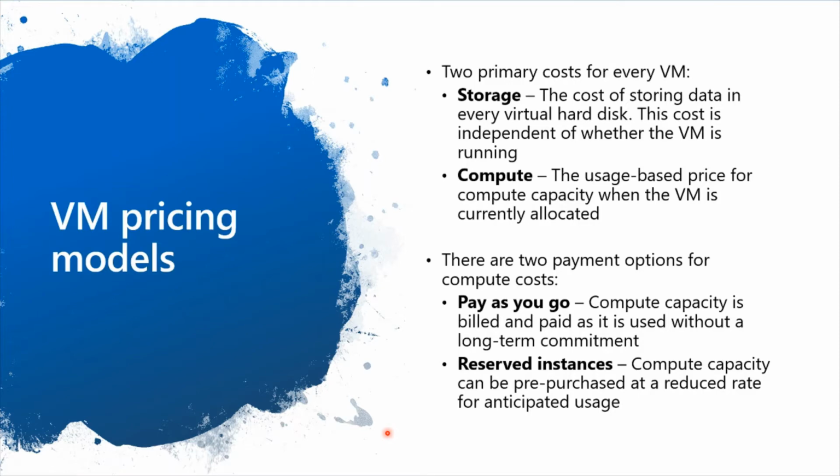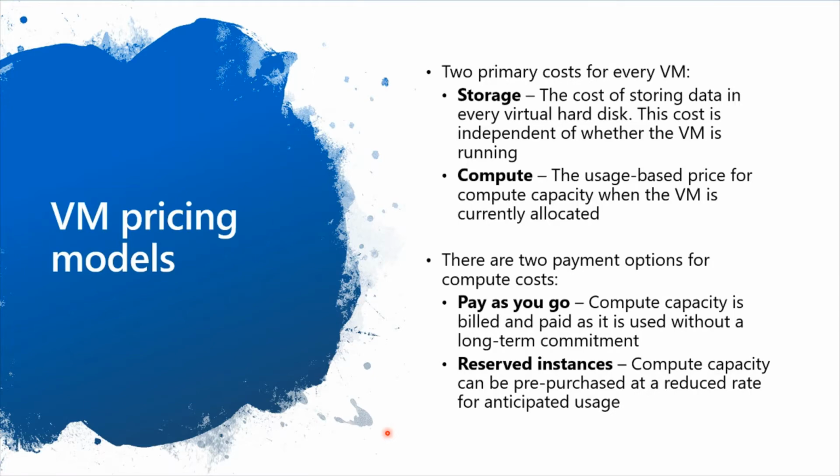There is always a question: if you stop your virtual machine, do you still pay for it? And you do pay because of this storage data. Because you have a storage account for a virtual machine, you're still paying for that since you still have the storage. You just stopped your virtual machine, so you don't pay for the compute, but you pay for the storage. And the compute is the price for the compute capacity when the VM is currently allocated.